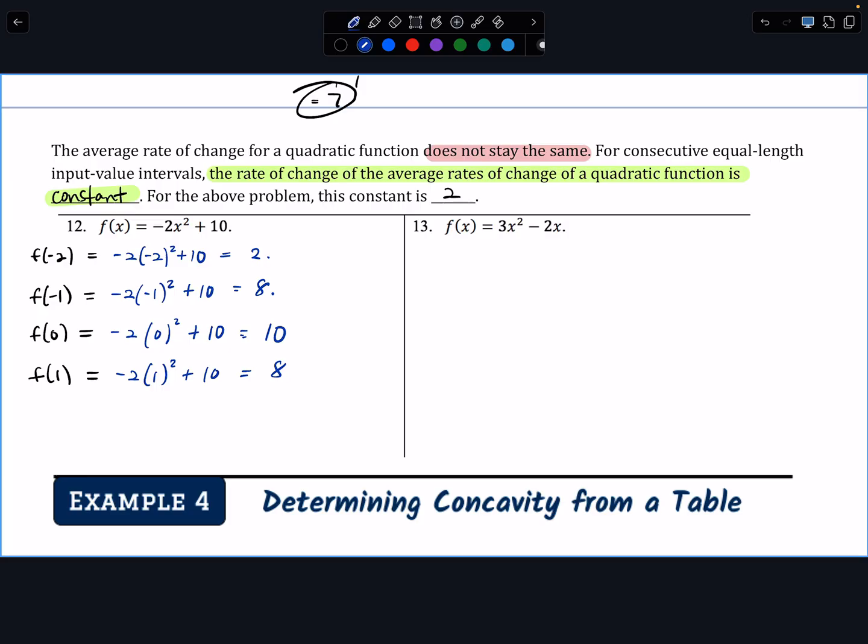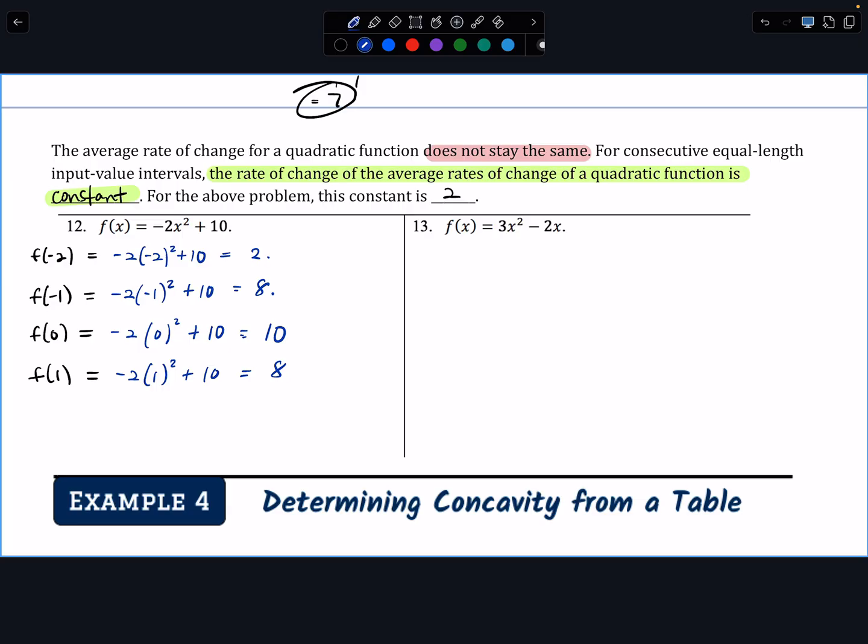So how many times did we plug in? 4 numbers, right? So this would be, right here, this is the first order. So then we want to figure out how far apart are these numbers to find the average rate of change once, and then we have to do it again. So how far apart are these numbers?